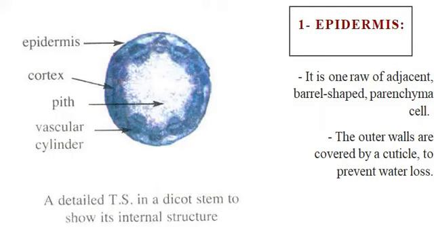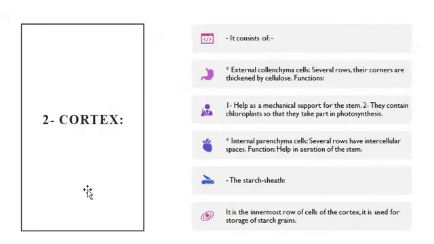Let's start with the epidermis layer. It's barrel-shaped and has parenchyma cells, and the outer layer is covered with cuticle layer to prevent the loss of water. The second layer is the cortex, which has several rows. The first is called collenchyma and is thickened by cellulose.